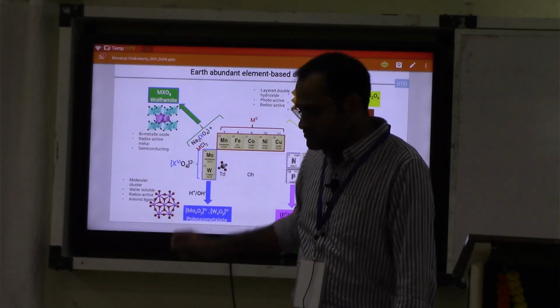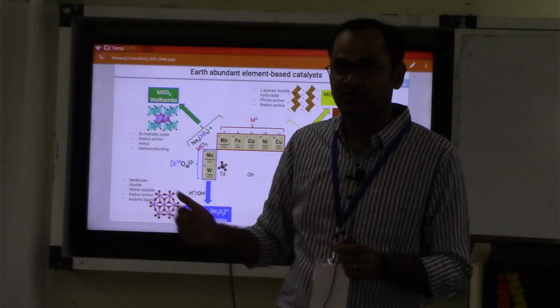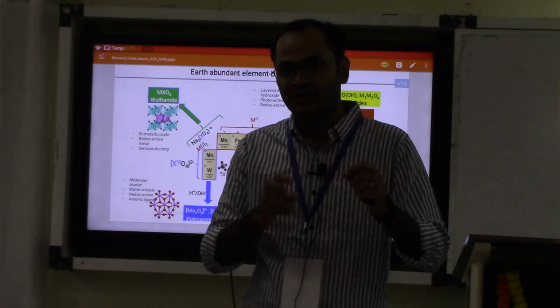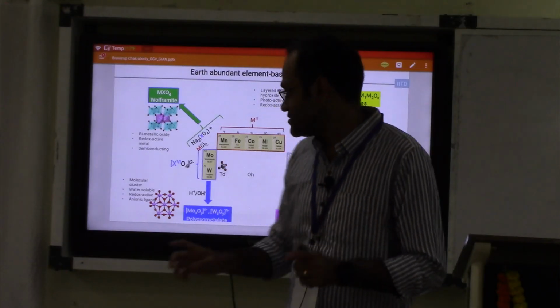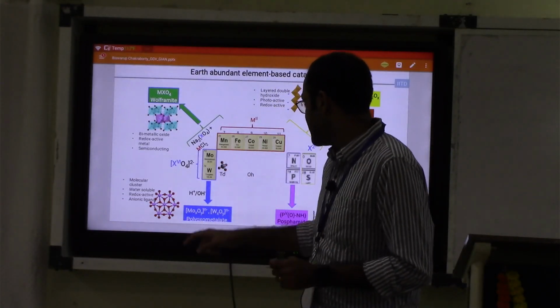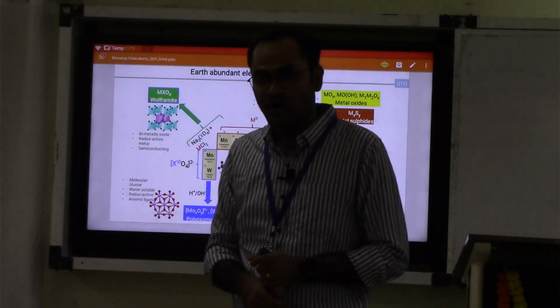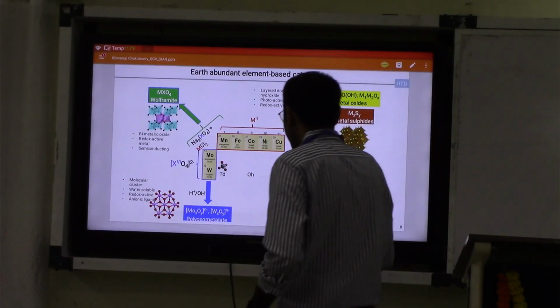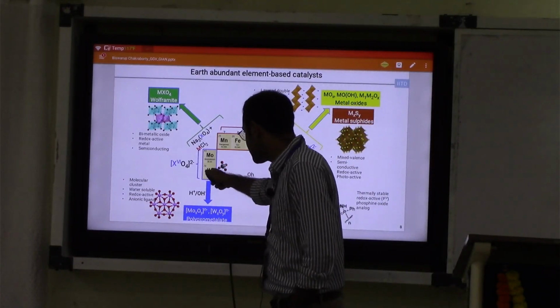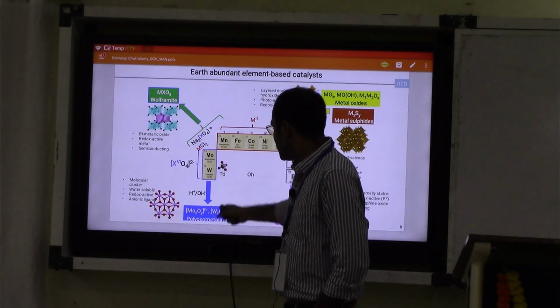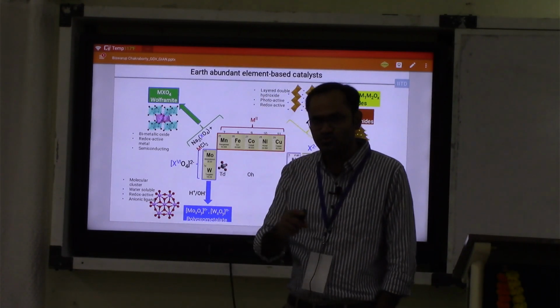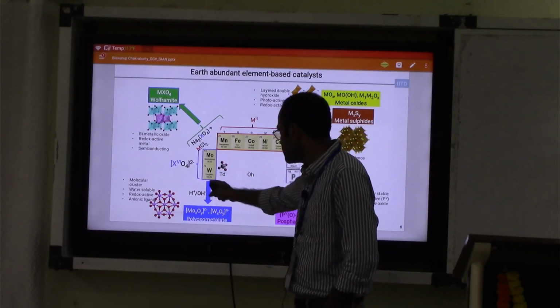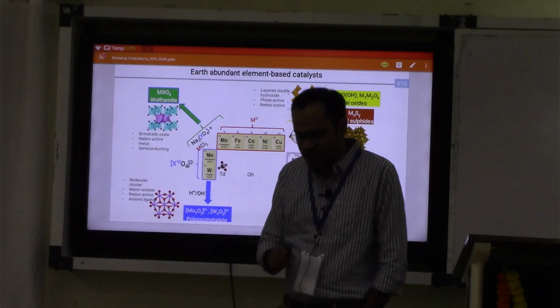The advantage of these two metals is that you have redox-active metals, which are these 3D elements, and molybdenum and tungsten are also redox active, but here they have plenty of electron density present in them. On the other hand, if you change the reaction condition, you can end up with some molecular clusters.